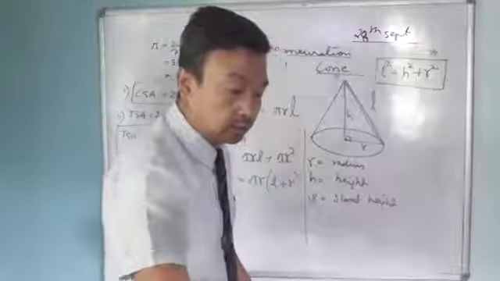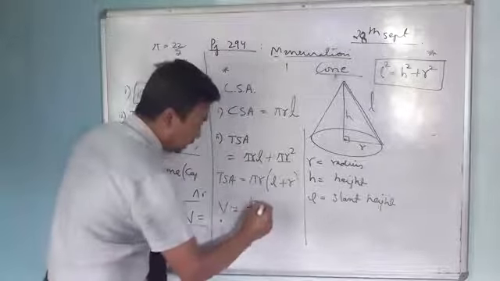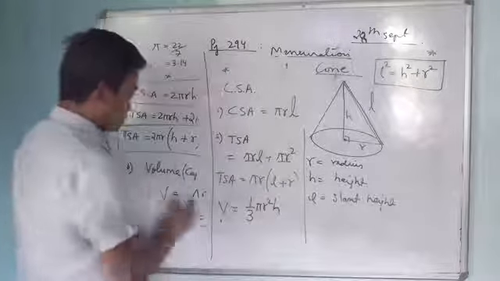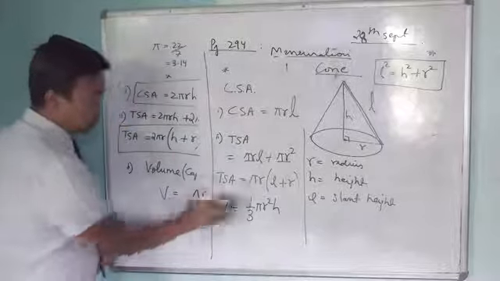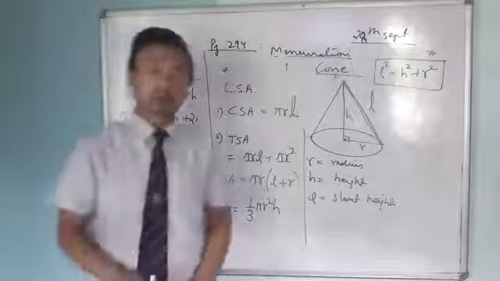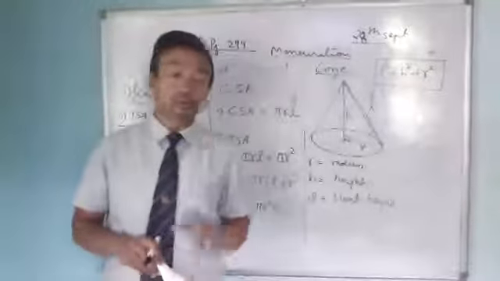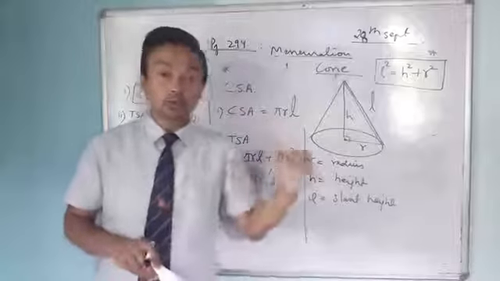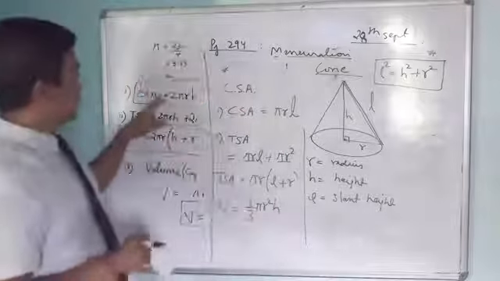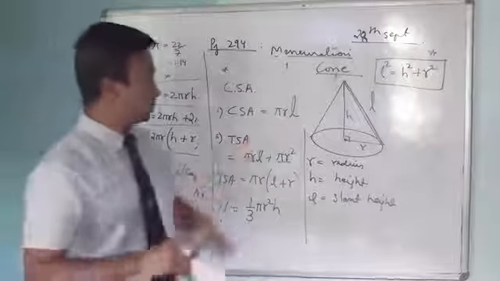So the volume of the cone will be 1/3 of pi R square H. The volume of the cylinder is also pi R square H, just add 1/3 and that will be the volume of the cone. So we have these two solids, cylinder and cone, and we have deduced three formulas for the cylinder and three formulas for the cone.